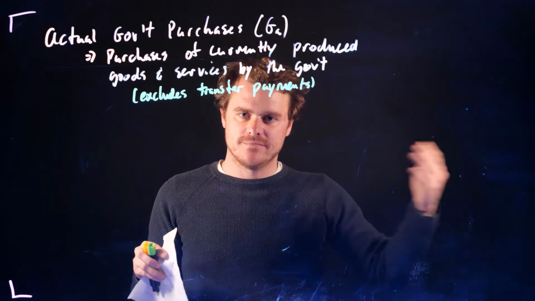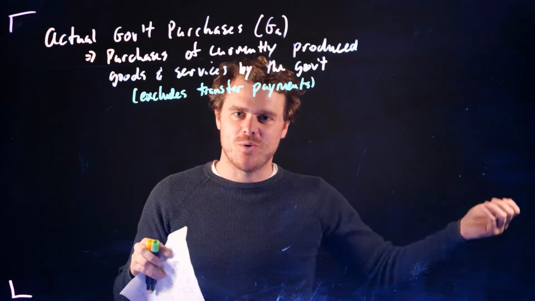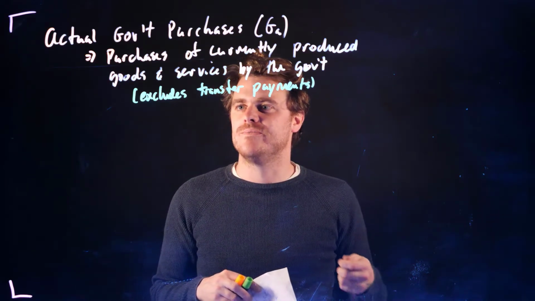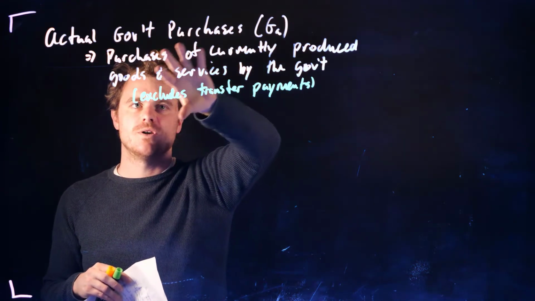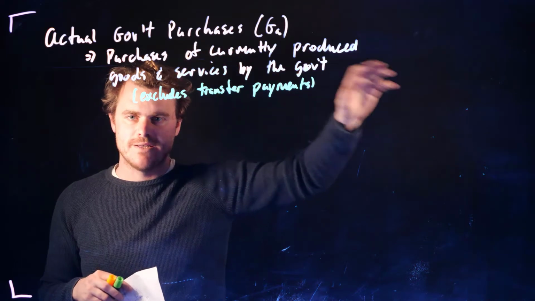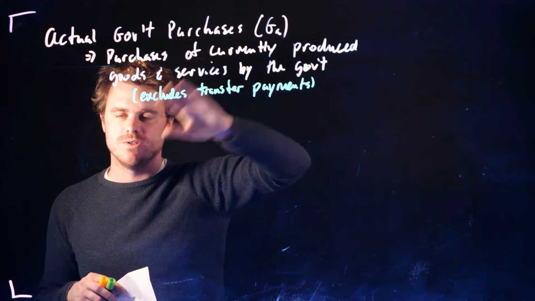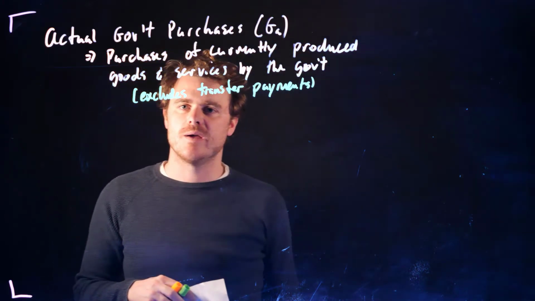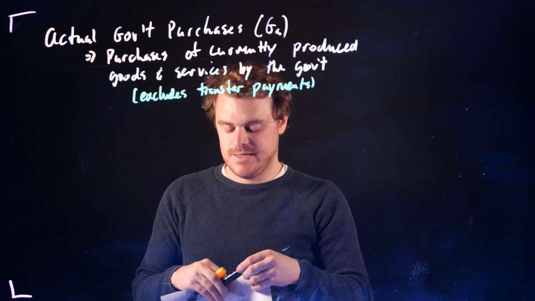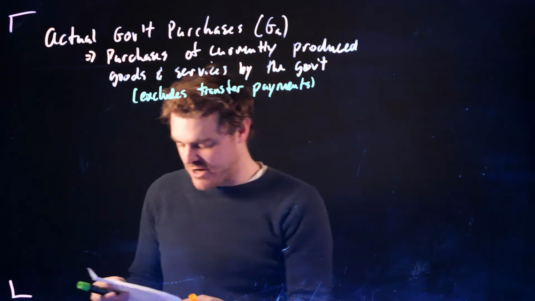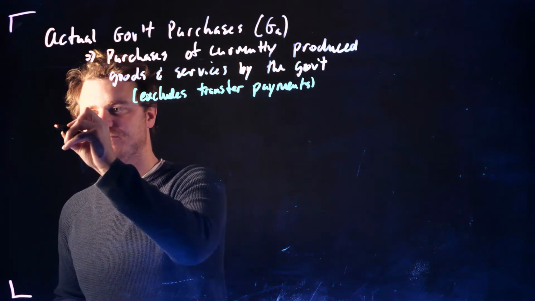If we count that, we're going to count it twice, since the money's already been counted with something else. So we exclude transfer payments, that transfer of money from one individual to another. That's not adding anything. We're going to denote government purchases as GA.